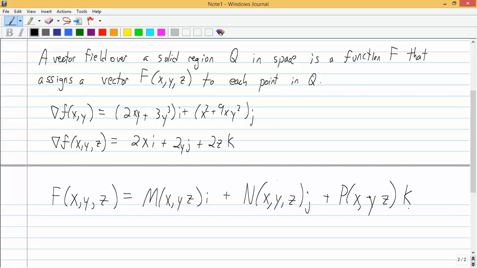Man, this DE final is going to be crazy, isn't it? Remember M of x, y and N of x, y? That was separable differential equations. And we use this notation because some of the stuff that we're going to do eventually in this chapter, we have to do some differential equation type stuff.